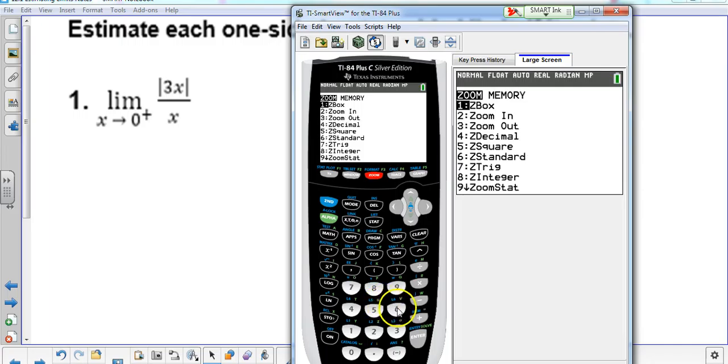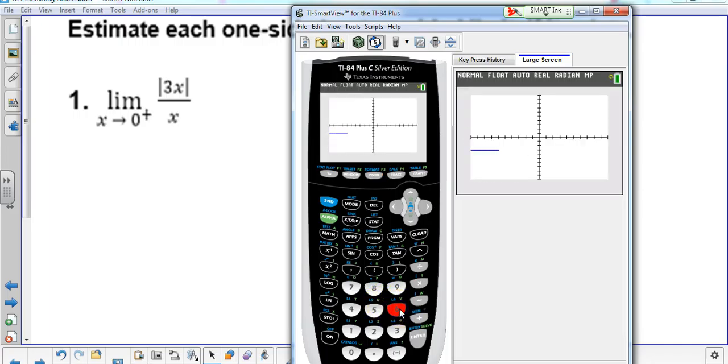I'm just going to do a Zoom Standard to start. We had a graph that looked vaguely like this a minute ago in the notes. What do we want, though, for this particular question? What is this asking? 0 from the right. Good job. What y value is it approaching as we approach 0 from the right?